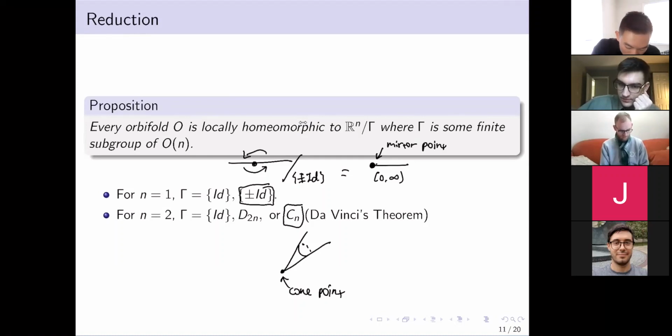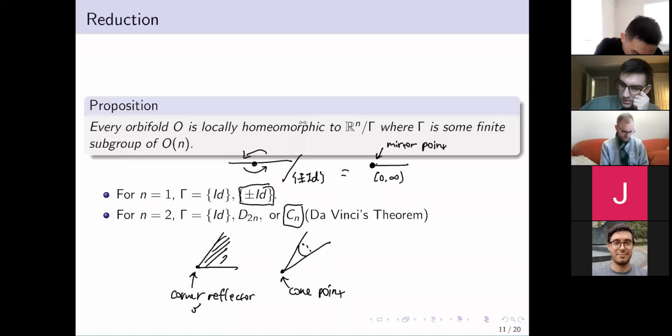And then the dihedral group again creates a wedge with 2 mirror lines. And this is what I call a corner reflector of order n.